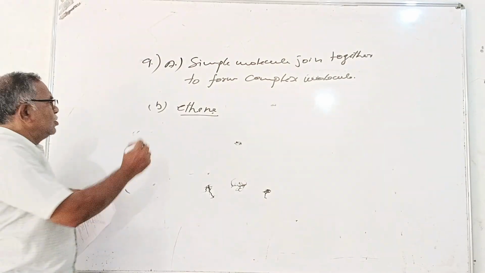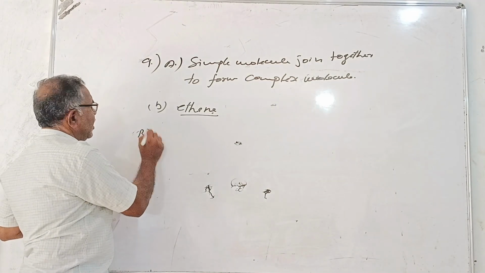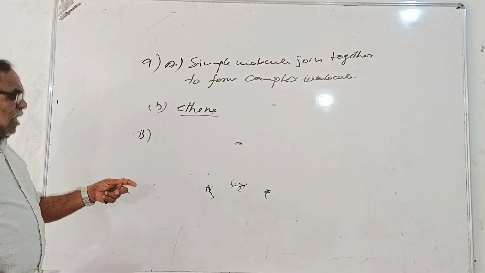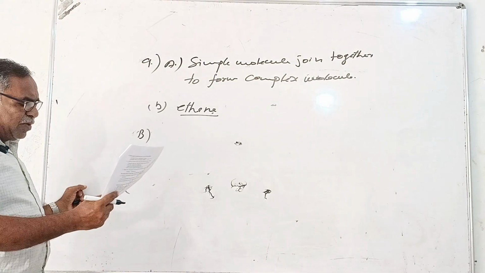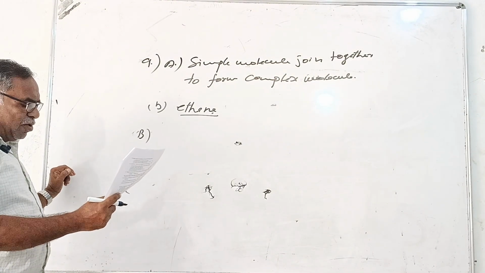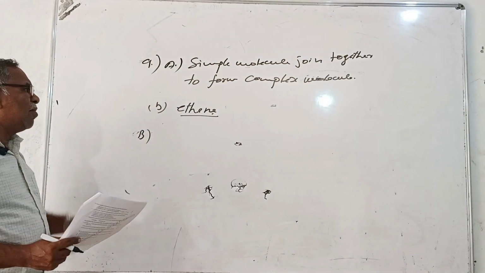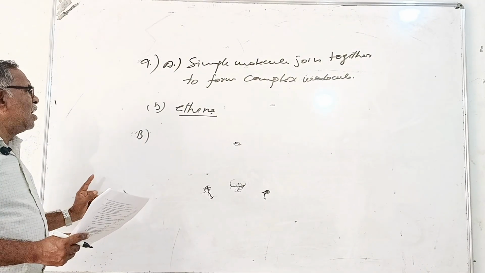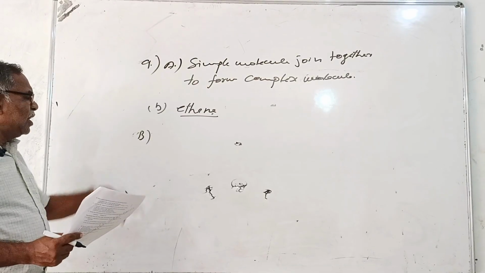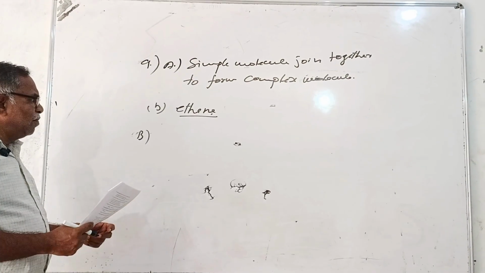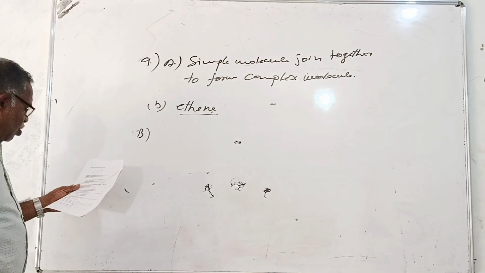So, question A, what is meant by polymerization? Simple molecules join together to form complex molecules. This is polymerization. And when ethene polymerizes, we get polyethene. So ethene is the monomer.